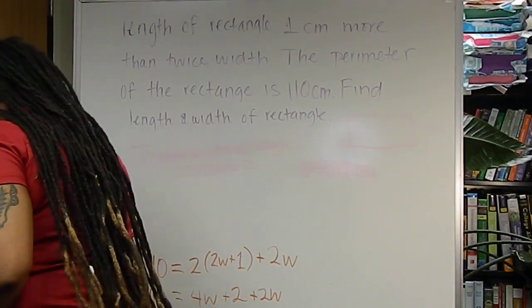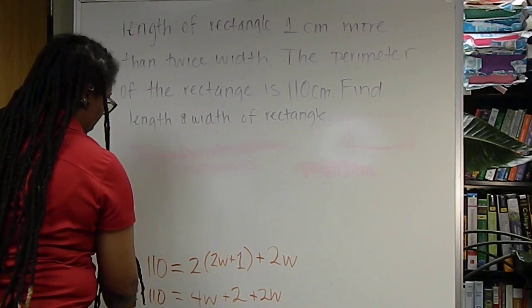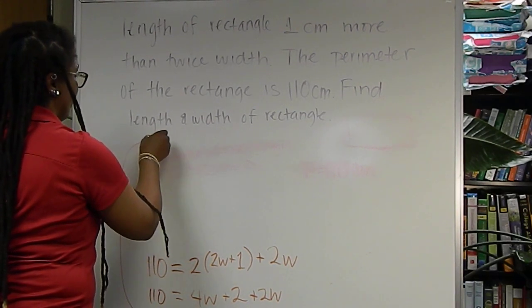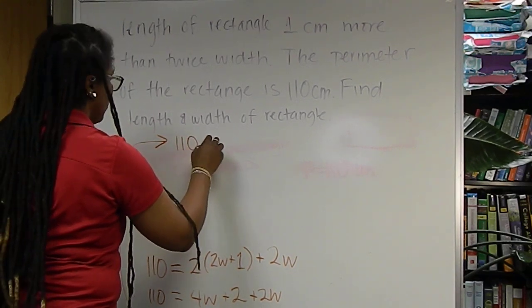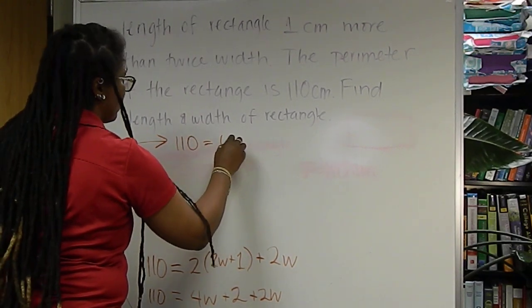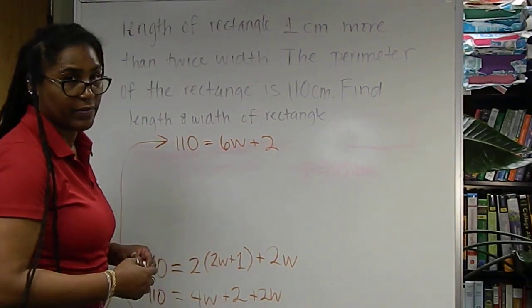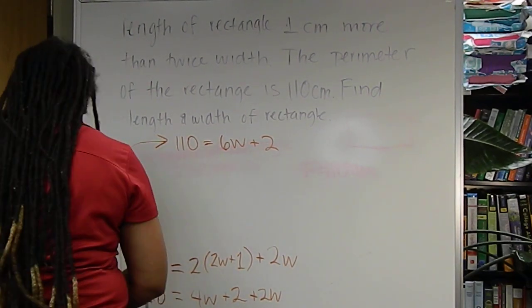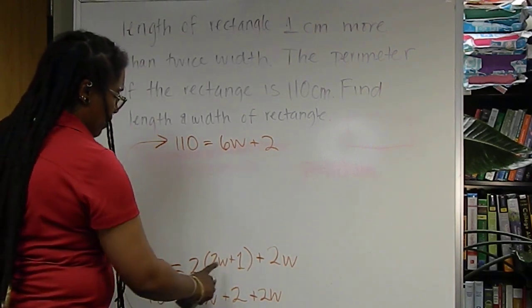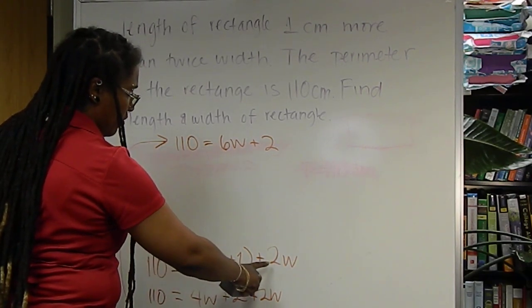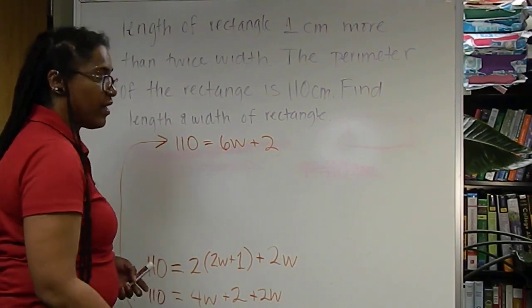Okay, so I'm going to take what we had. I'm moving this row up top to make it more visible for you all. It says 110 is equal to 6W plus 2. So I'm just rewriting because I'm erasing to make room on the board. But again, distribute, combine like terms, and now what's the next step after that?